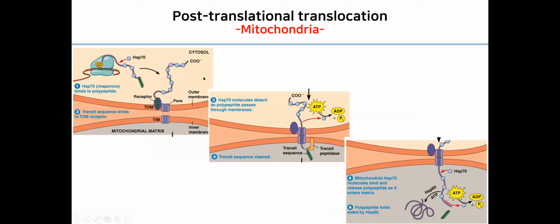If the protein has a mitochondrial targeting signal, a chaperone called HSP70 binds to the polypeptide, keeping the protein unfolded after synthesis in the cytosol.